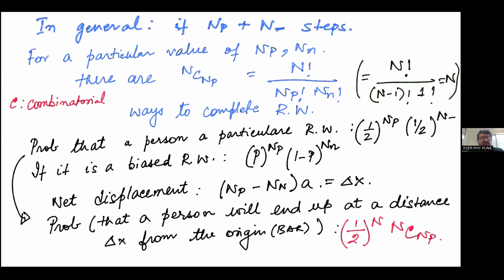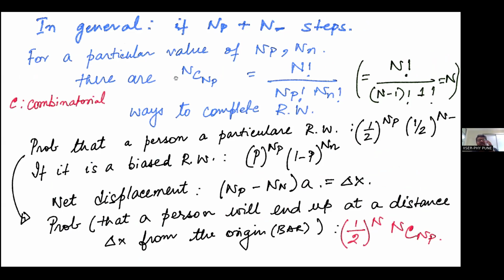So in general, NP plus NN is a fixed number of steps, n. For a particular value of NP and NN, there will be nCNP ways. The C stands for combinatorial.